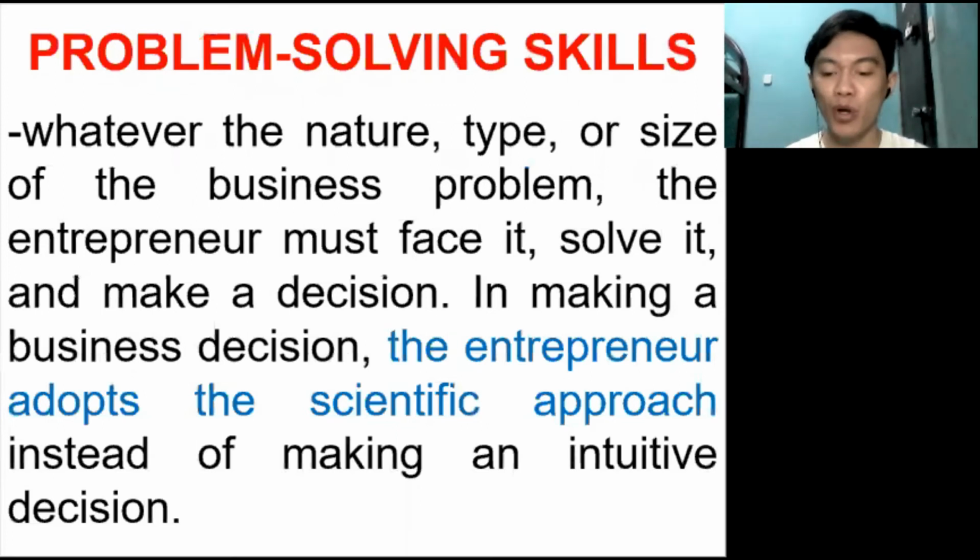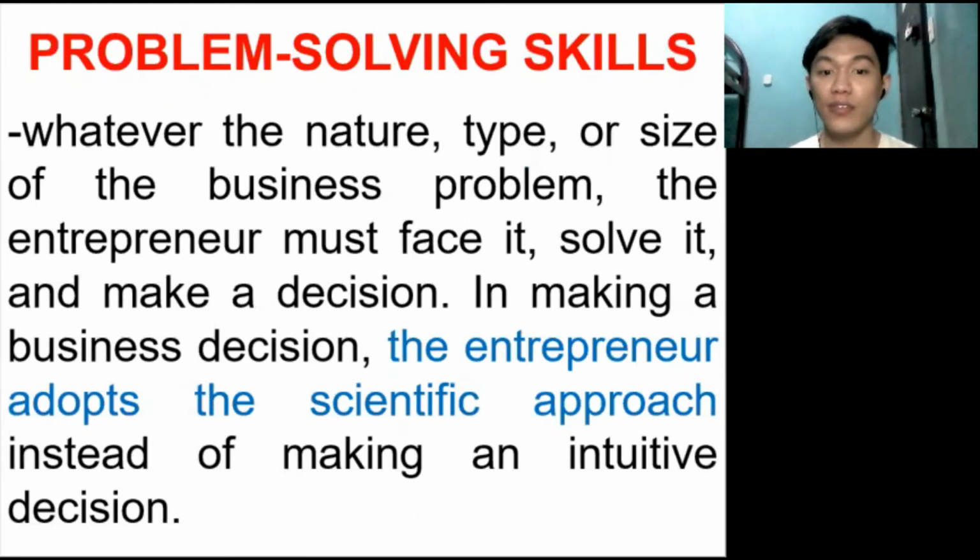How about the problem solving? Whatever the nature, type, or size of the business problem, the entrepreneur must face it, solve it, and make a decision. Always remember that in problem solving, kapag tayo ay nagso-solve ng problem, kailangan i-face muna natin yon. Kailangan i-solve natin yon at we need to make a decision to that.